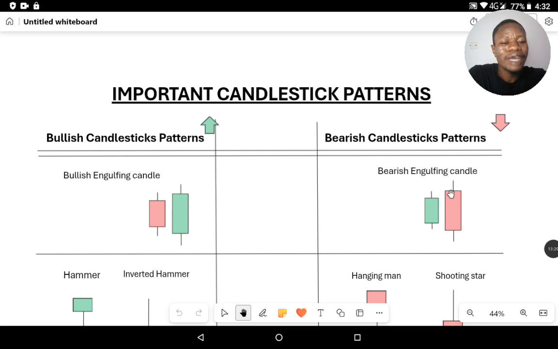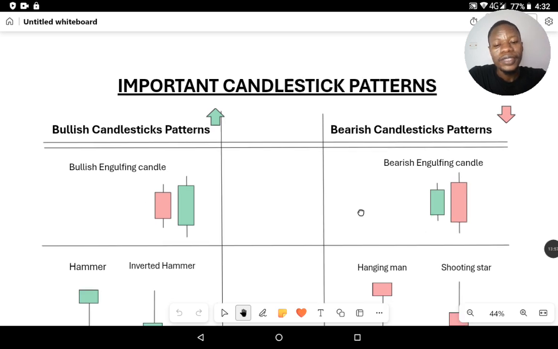So the sellers have now taken the advantage to overwhelm them, and they've been able to overwhelm the whole of this bullish candle. Which shows that the sellers are now very strong in the market, and they can push the market down further. So in this case, when you see this kind of pattern on the resistance level, it shows that you should be ready to go short, to ride on with the sellers in the market.